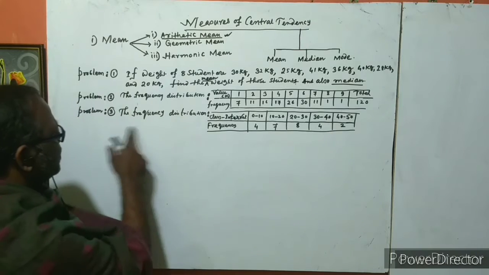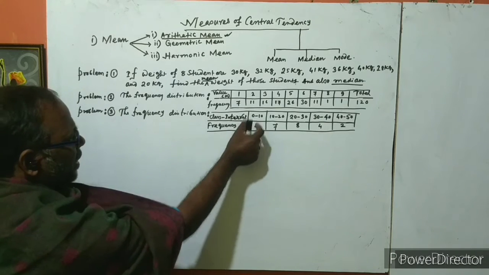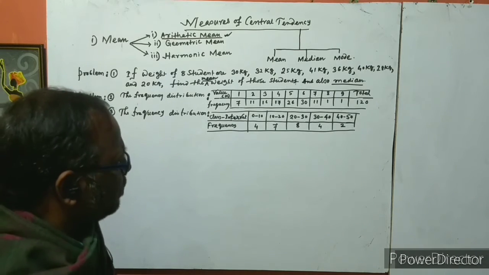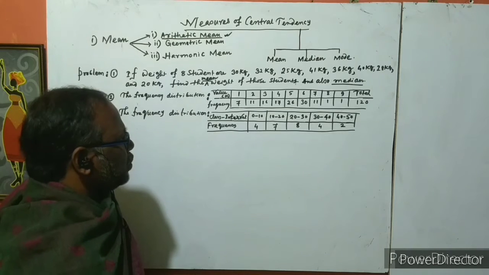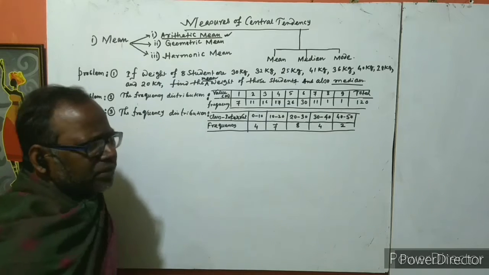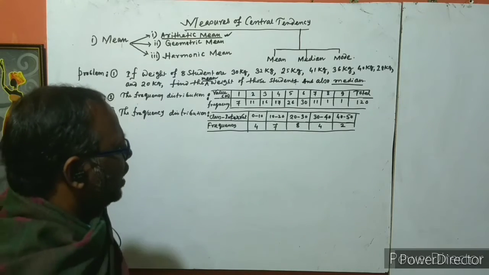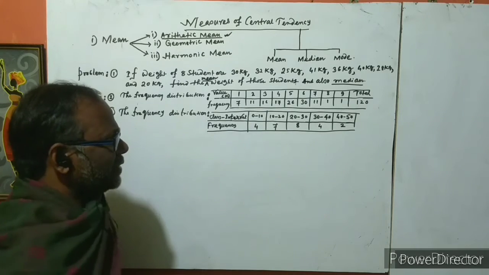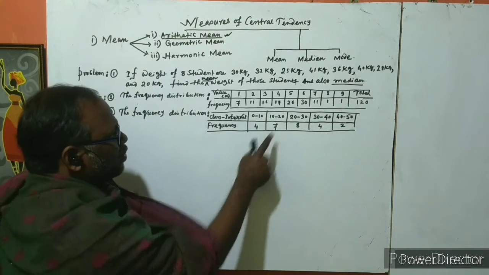For the next distribution, the grouping is called the class interval: 0 to 10, 10 to 20, and 20 to 30. This is also called class boundaries, as you see 0 to 10, 10 to 20.